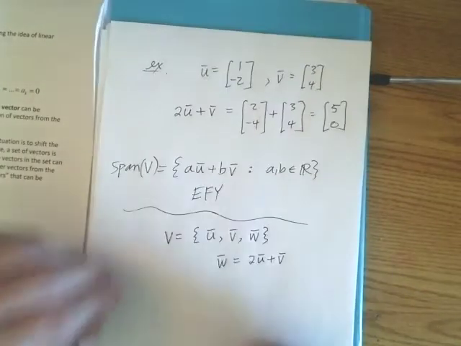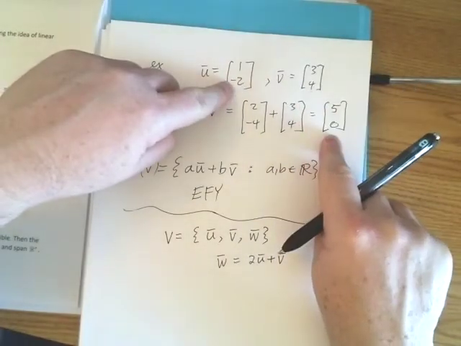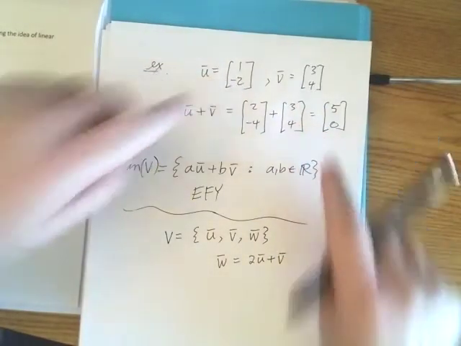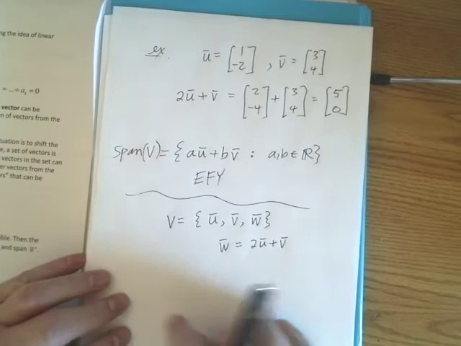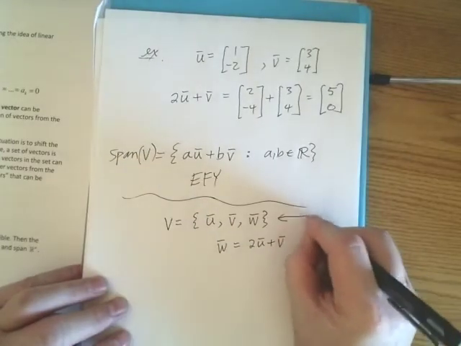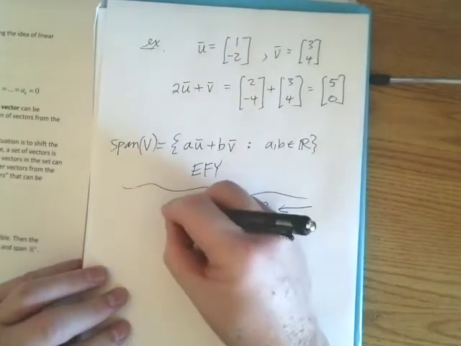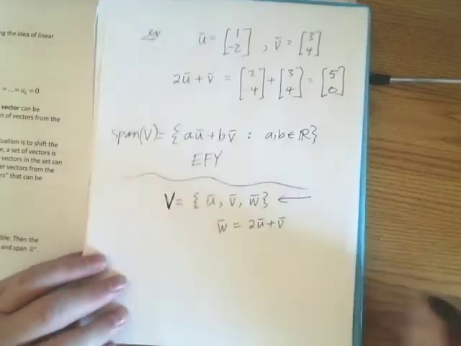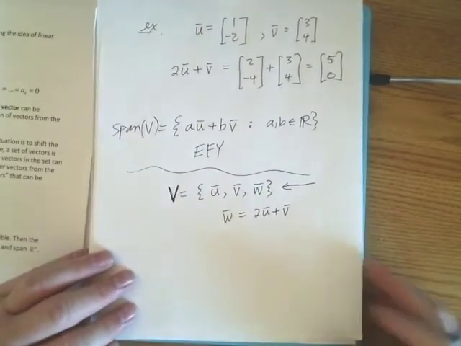I could actually write them as vectors like I did up here. Something like this situation. Could that set V possibly be linearly independent? And the answer is no.